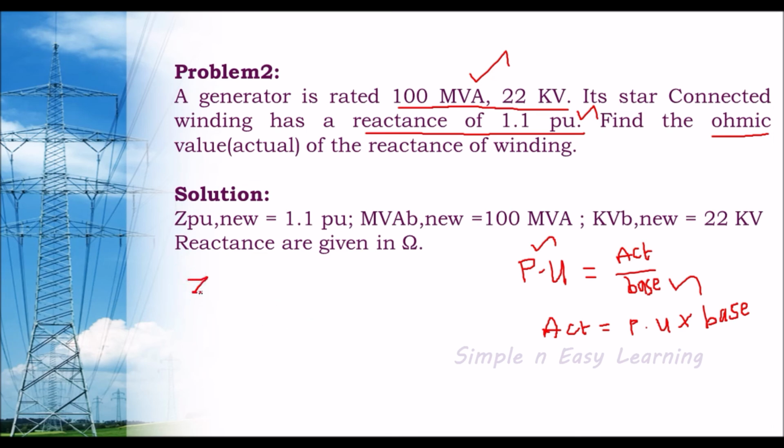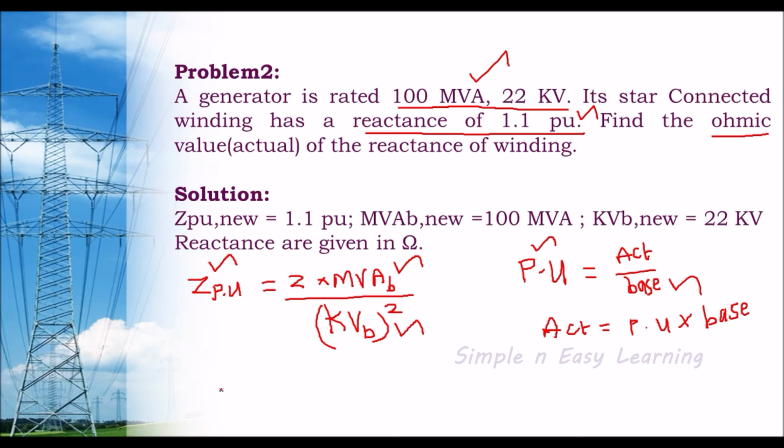We are going to apply the same formula here: Z per unit equals Z into MVA base divided by kV base the whole square. In this, you know the MVA base, the kV base is given, and the per unit value you know. We need to find this actual value.